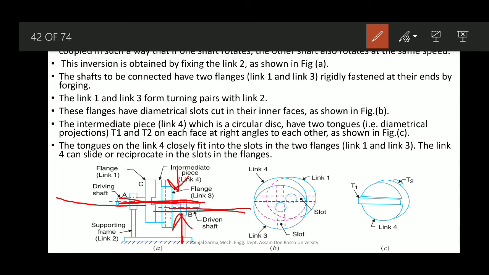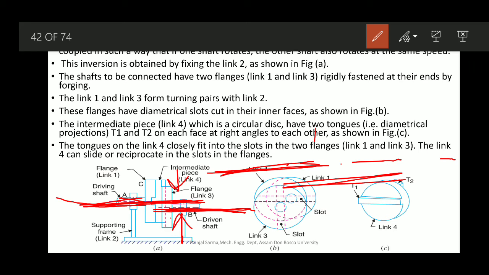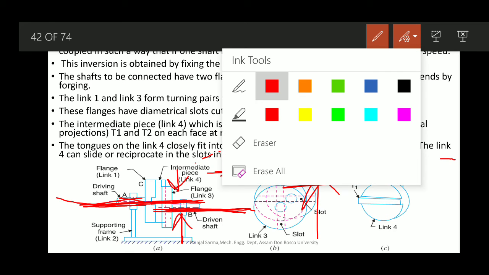Okay, but they are parallel, but they are at a small distance apart. Okay, they are not in the same line. If one is here, another is somewhere here. They are parallel but at a particular distance apart. So for connecting this kind of two shafts, okay, we use this particular Oldham's coupling.